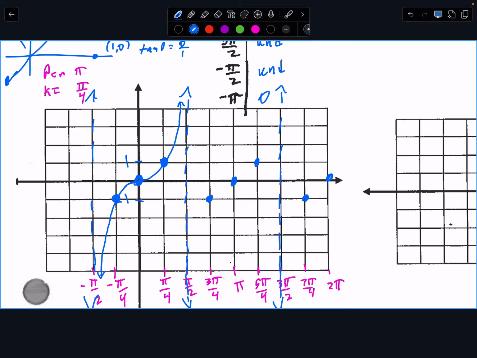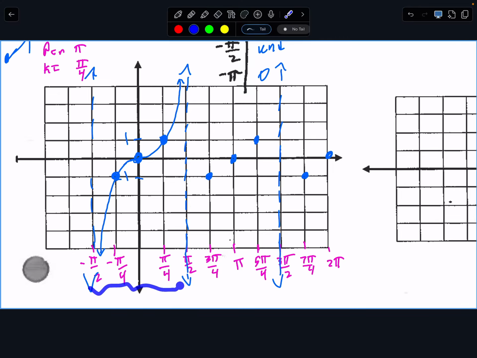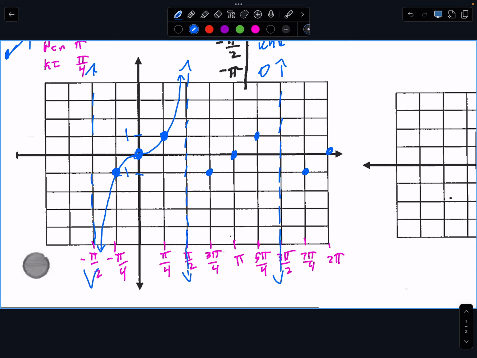And that is the footprint of one period of tangent. From negative pi halves to pi halves, that is a distance of pi. And that pattern just gets repeated over and over and over again. And so here's another footprint of the period of tangent.